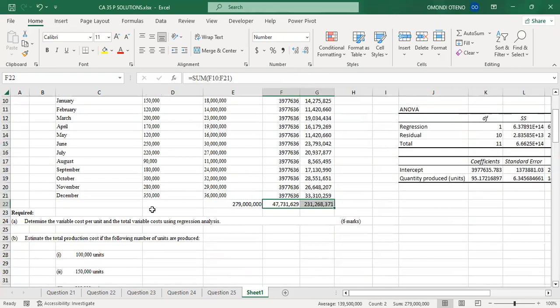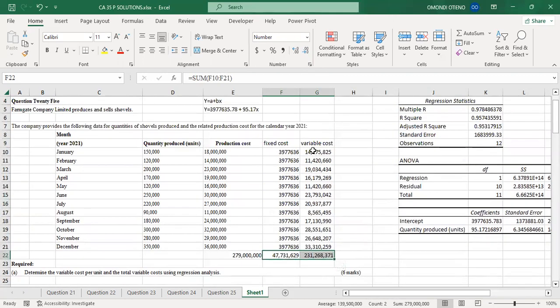So what do we have now? Estimate the total production costs if the following number of units are produced. So that is what we have for the fixed costs and the variable costs. Of course, you can do it this way.